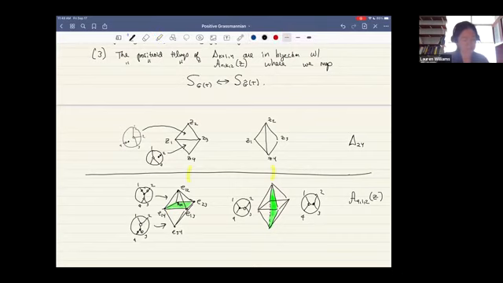Okay, so that's all I was planning to say. I realized I didn't say a whole lot about cluster structures.